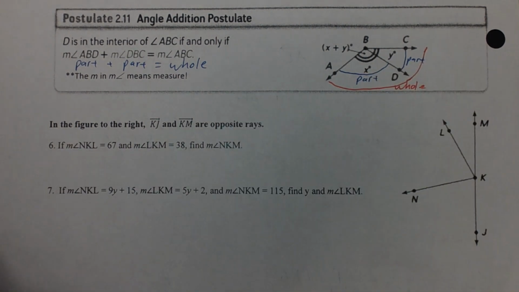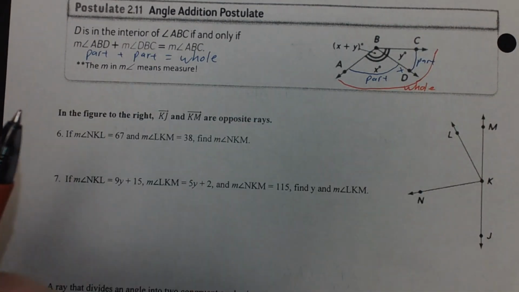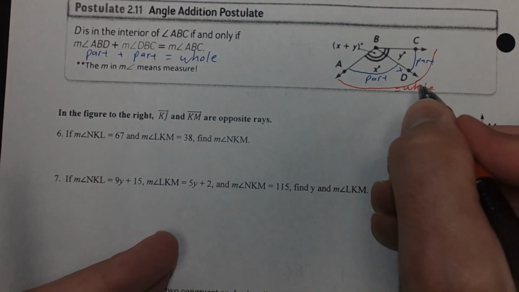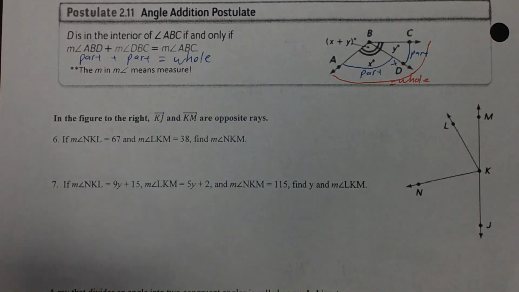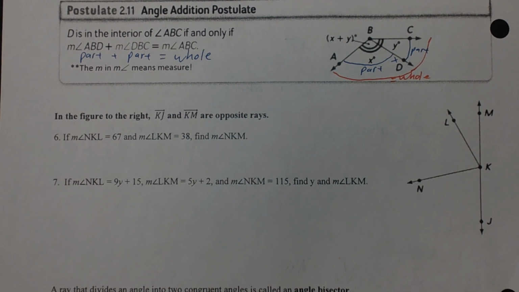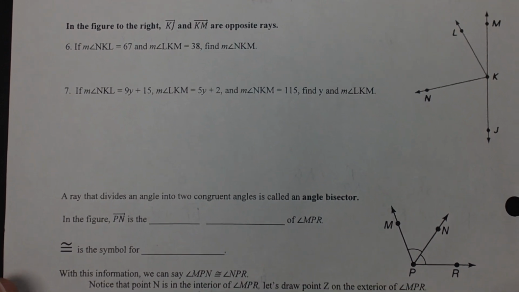So part plus part equals whole. And why don't I just write that? Part plus part equals whole, just like over on this side. It is helpful for this lesson if you do have multiple colors of pens or markers, because there are so many different things going on.